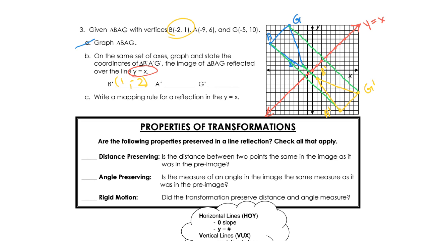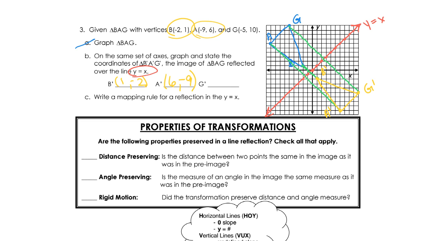So we would count 1, 2, 3, 4, 5, 6. 1, 2, 3, 4, 5, 6, 7, 8, 9. So +6, -9. Okay. And you can see that that rule is going to hold true with what we thought in the first one. You're just taking the two coordinates and you're flipping them.